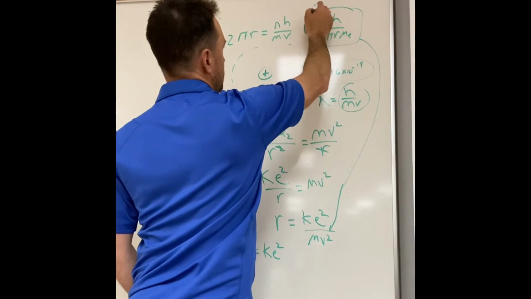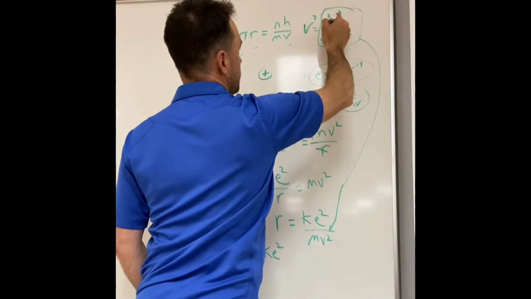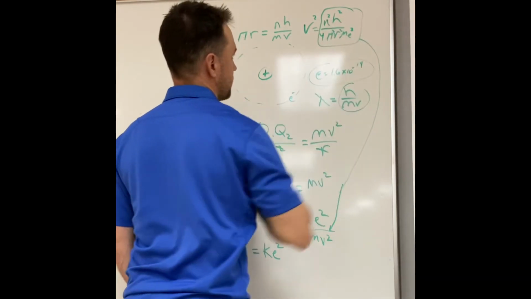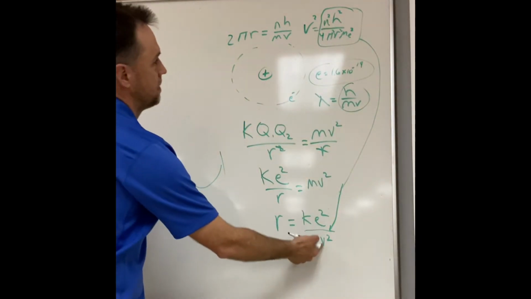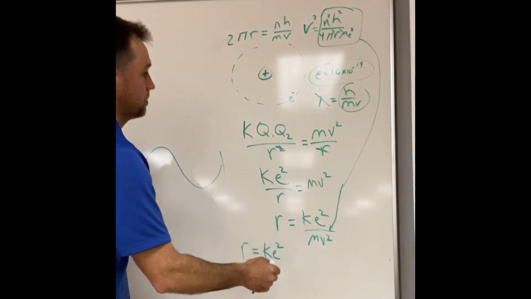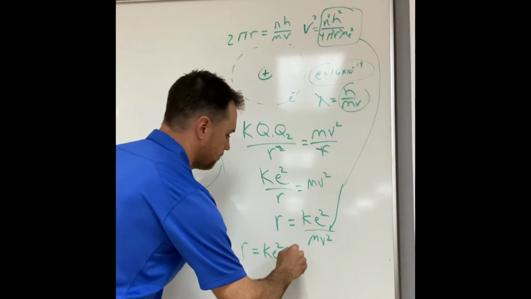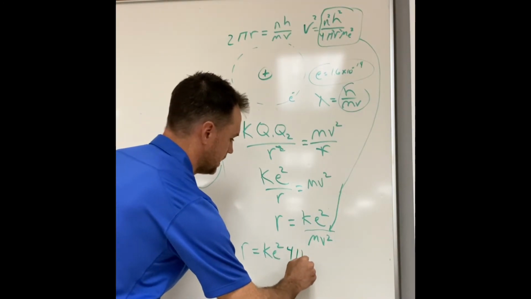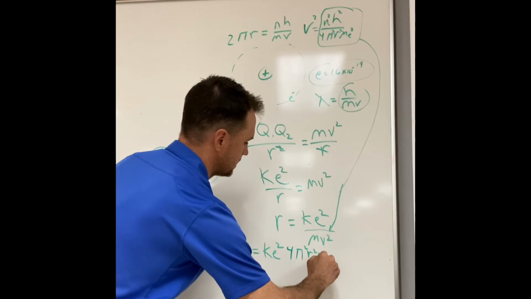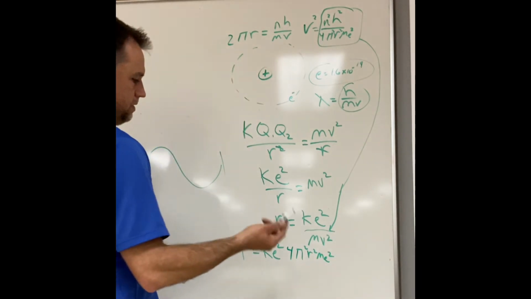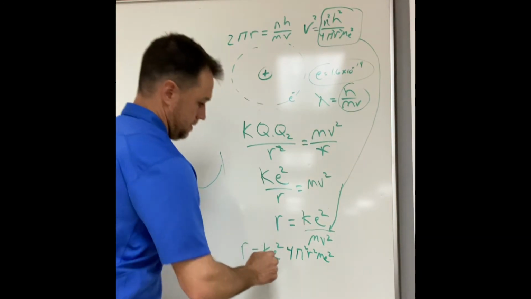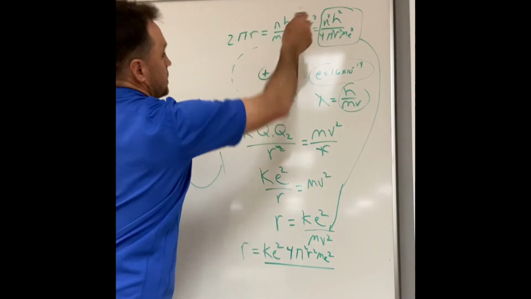So we can say v squared is n squared h squared over 4 pi squared r squared mass of the electron squared. Right? Well, since we're dividing by it, everything that's downstairs in this equation needs to come upstairs in this one. So we're going to say 4 pi squared r squared mass of the electron squared, and then we also had divided by n squared h squared.